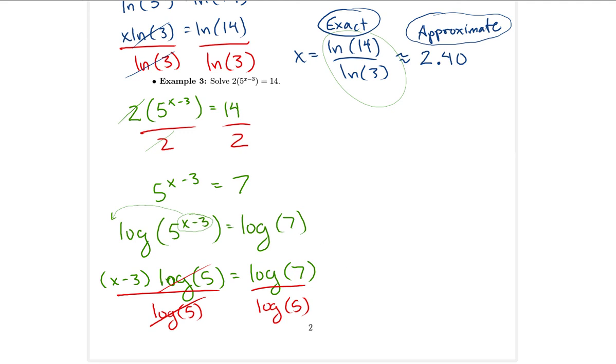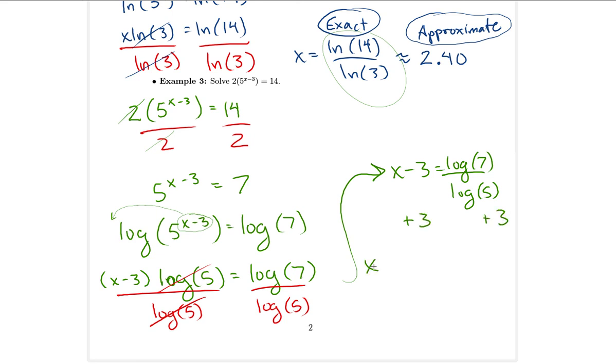And so I'm left with x minus 3 equals the log of 7 over the log of 5. And then the only thing left is to add 3. So log of 7 over the log of 5 plus 3. And if I put that in a calculator, it should spit out about 4.21.